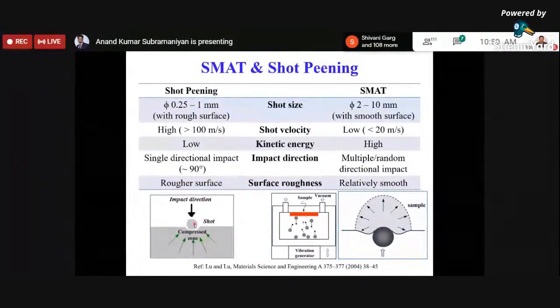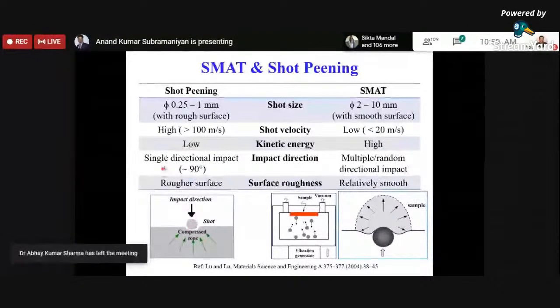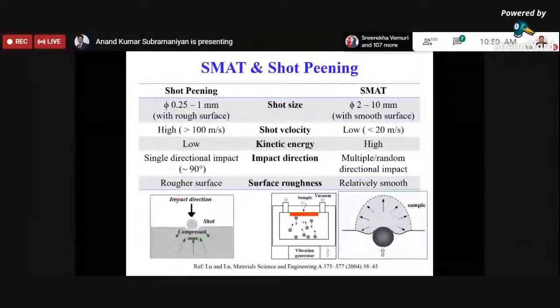But in the case of shot peening, since it is a unidirectional or single directional impact, the extent of severe plastic deformation that we want to induce onto the material sample will be significantly lesser compared to the SMAT process. And of course, surface roughness will be generated from both shot peening and the SMAT process, but in SMAT the surface roughness value will be slightly lesser.